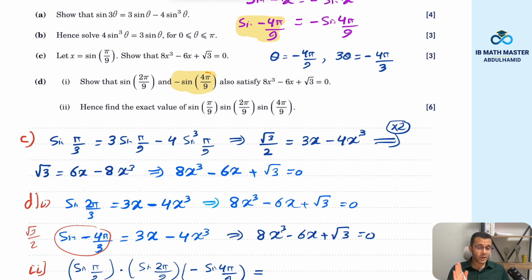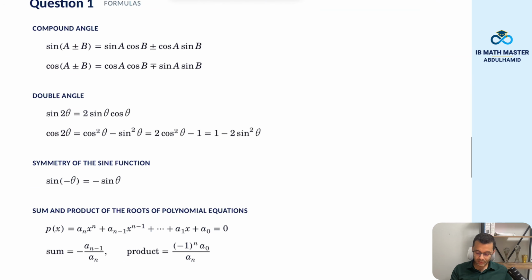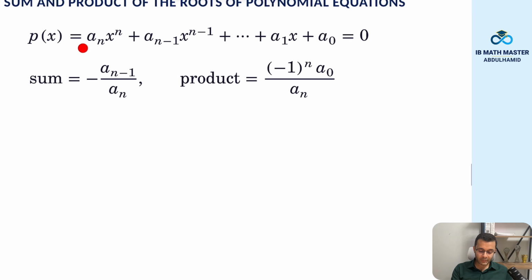As you have probably studied in polynomials, the product of roots is negative 1 to the power of n, times the constant term, divided by the leading coefficient an.